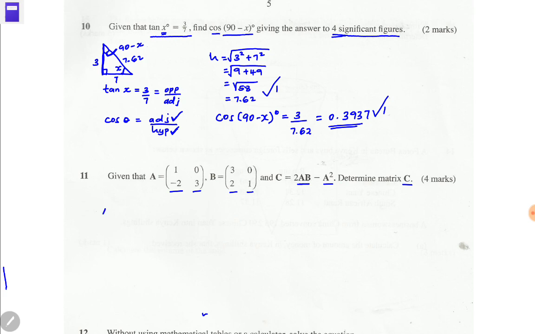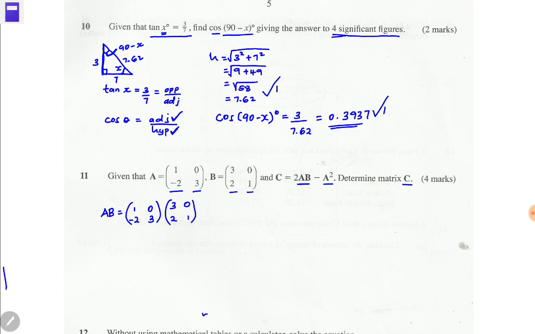So AB is equal to A times B, so times 3, 0, 2, 1.